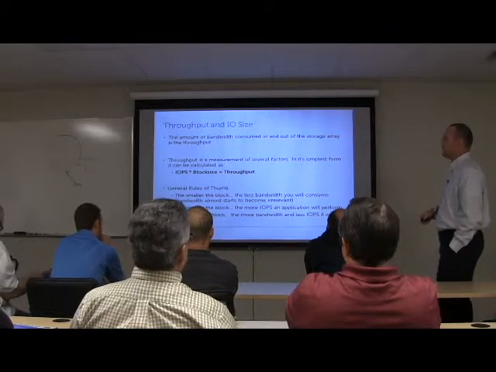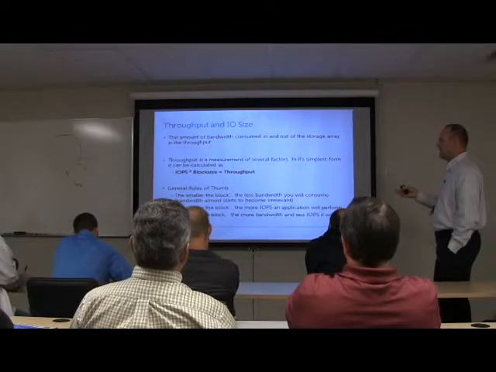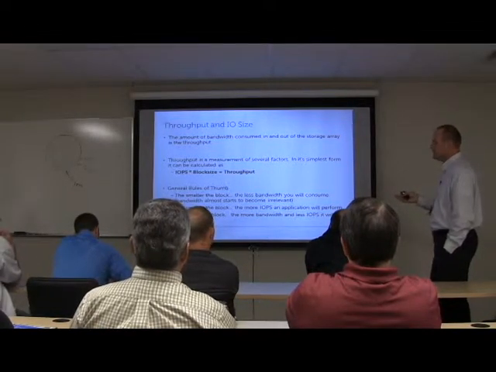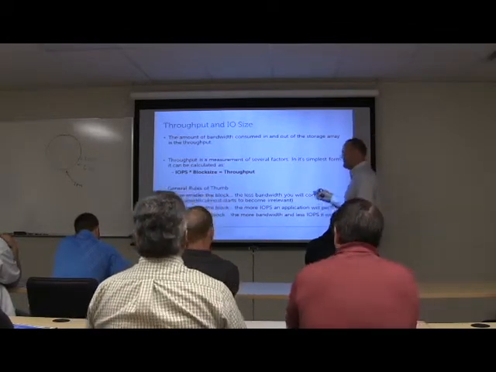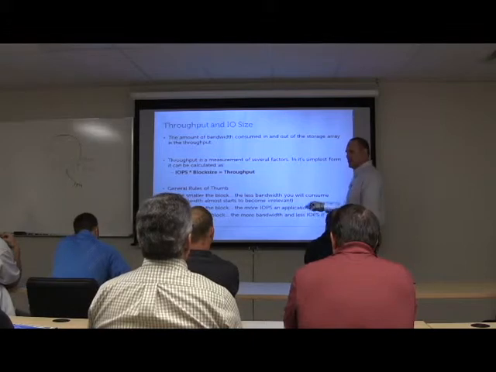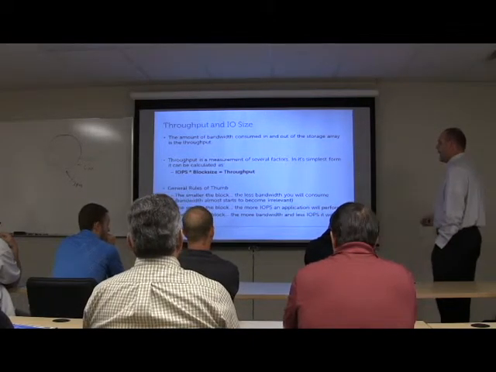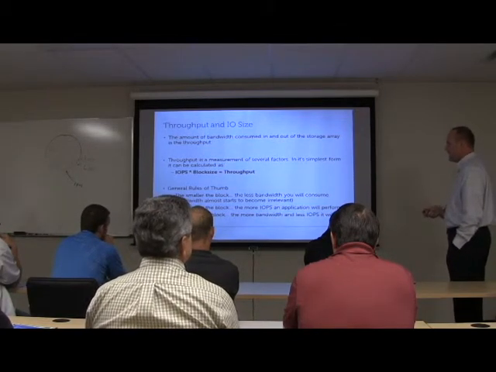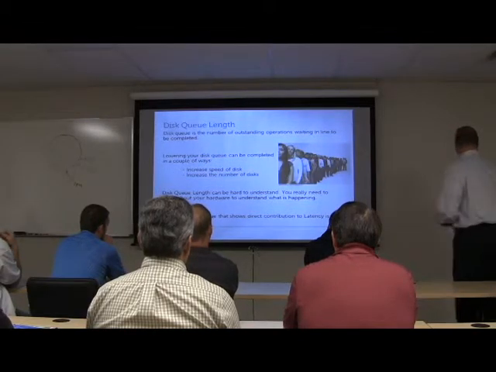General rule of thumb: the smaller the block, the less bandwidth you're going to consume. I know these are probably obvious things, but these are things you need to think about. The smaller the block, the more IOPS an application will perform. The larger the block, the more bandwidth and fewer IOPS it will need. Disk queue length.